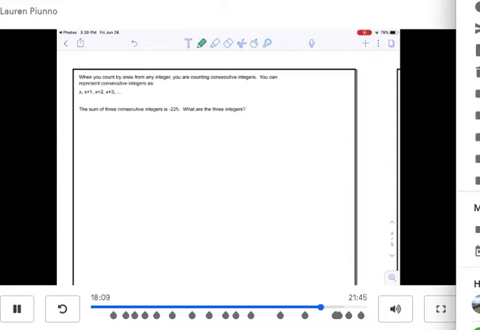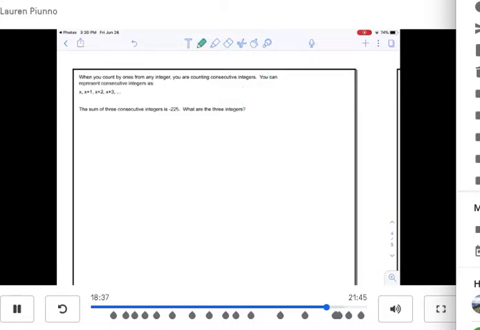You can represent consecutive integers as x, x plus 1, x plus 2, x plus 3, because in that example, 5, 6, 7, 8, here's x. To get this next one, you just take x and add 1. And now to get this one here, you started with x and you added 2. To get to this one, you take x and you add 3. So that's the idea of these consecutive integers.